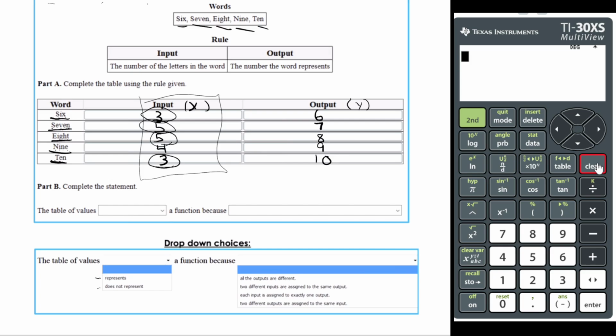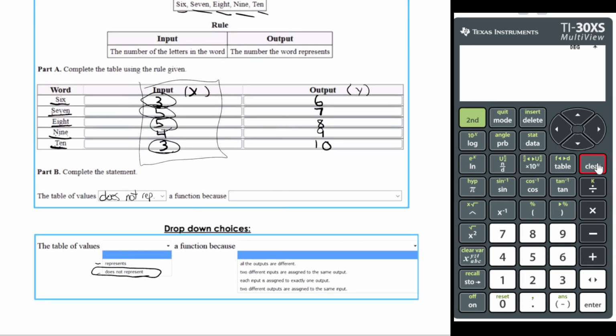So this table of values does not represent a function, because two different outputs are assigned to the same input.